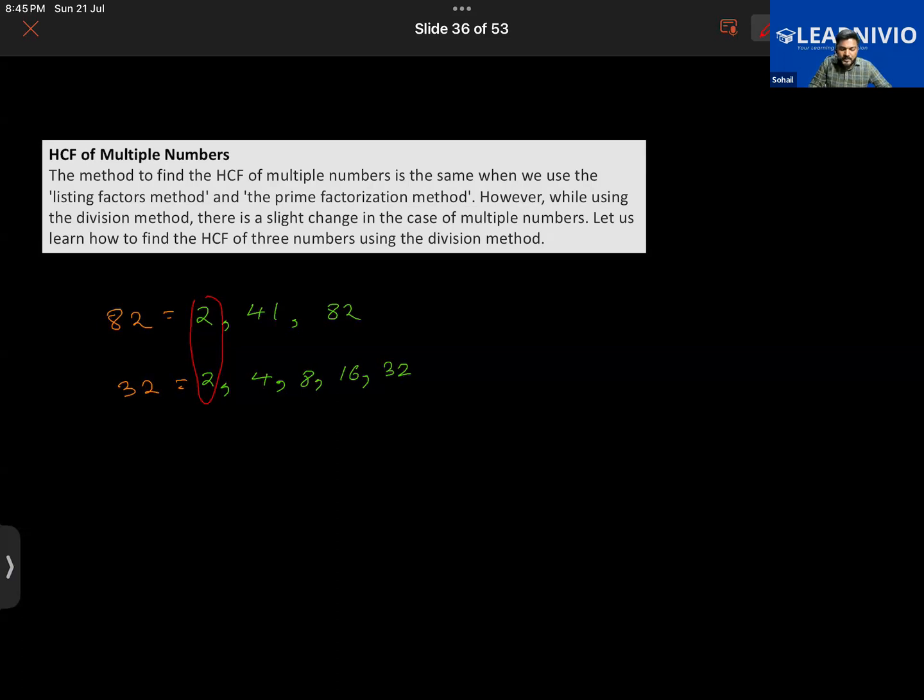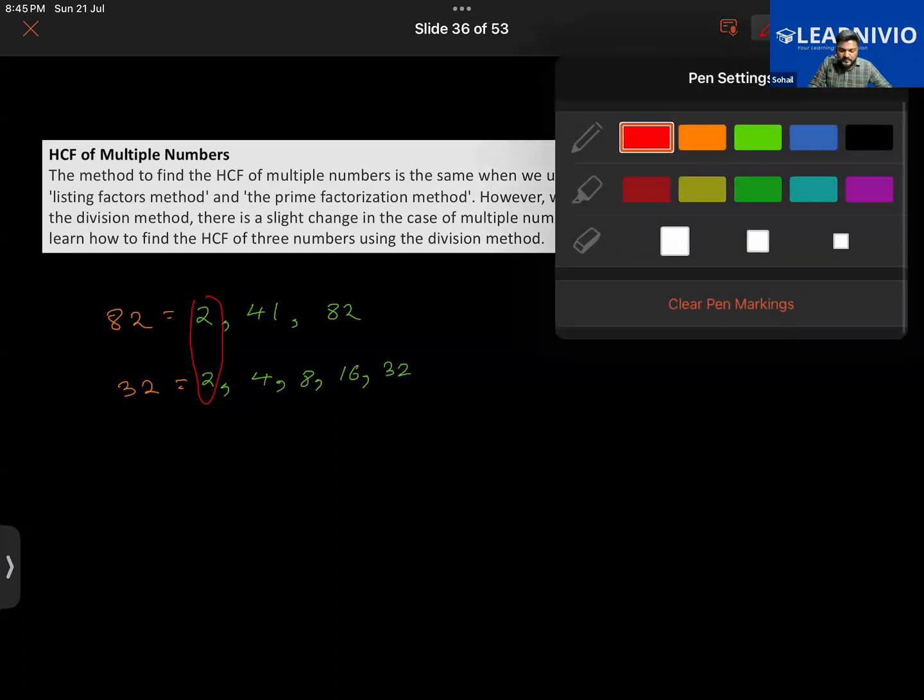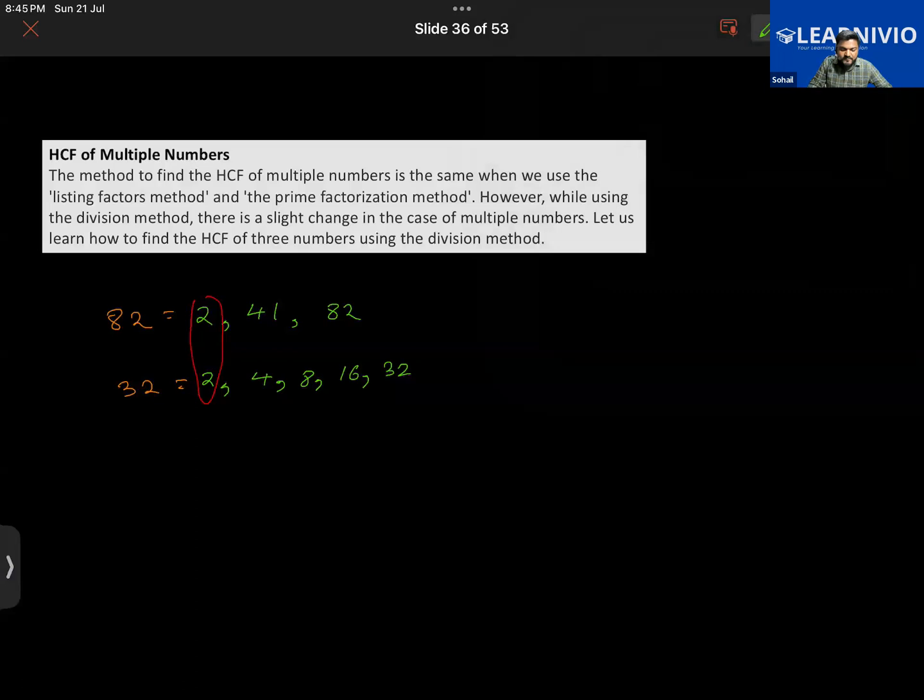Furthermore, we learned that if we have more than two numbers, their highest common factor can also be found very easily. Say you have taken the numbers 32, 56, and 86.